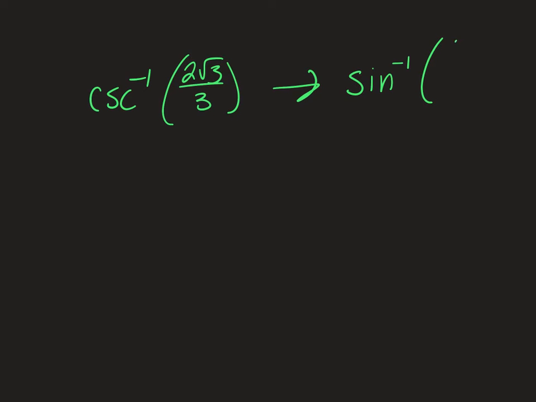So you're going to put 3 over 2 times the square root of 3 in your calculator to get your answer for that one. That's how you have to do any of the ones that have secant, cosecant, or cotangent.